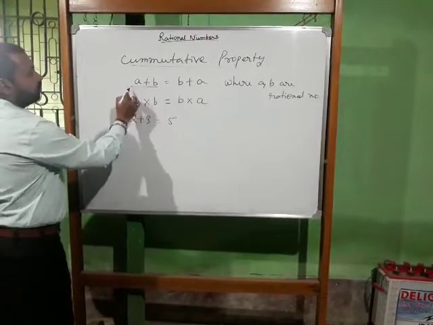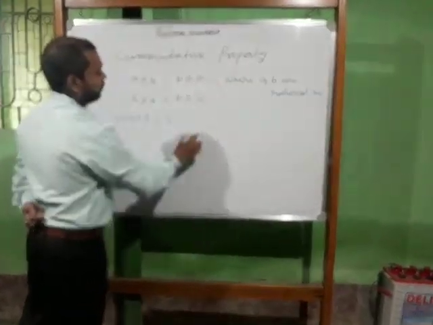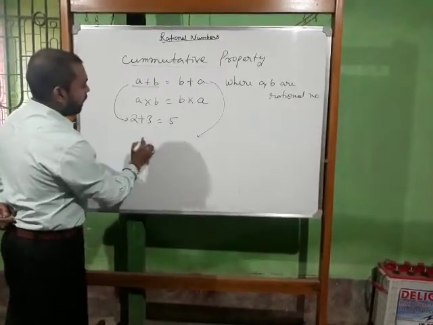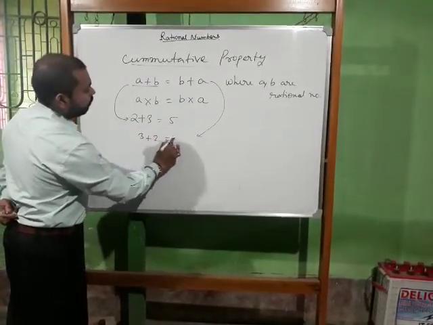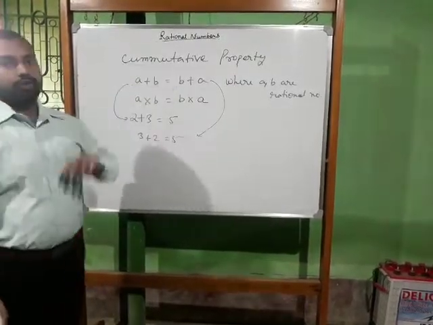You see, this condition is fulfilled here. In the same way, if I write B plus A, that means 3 plus 2, it is also equal to 5. That means commutative property exists for rational numbers.